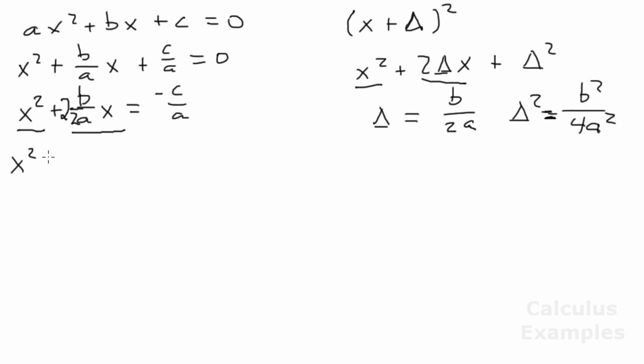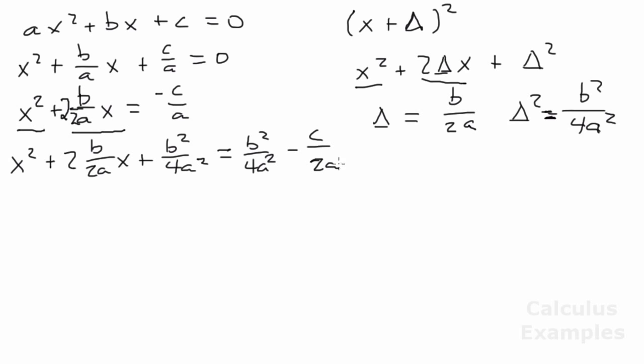x squared plus 2b over 2a x plus b squared over 4a squared equals b squared over 4a squared minus c over a. Now the right-hand side we can change by just adding these two terms, right?